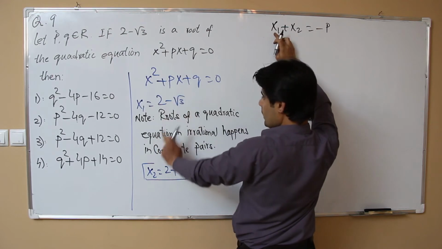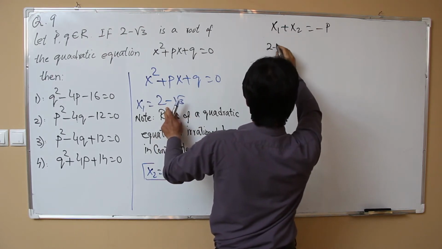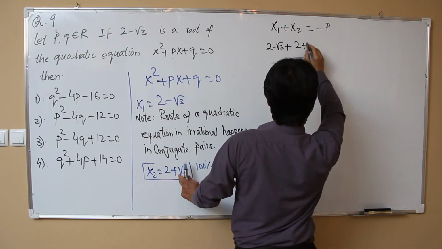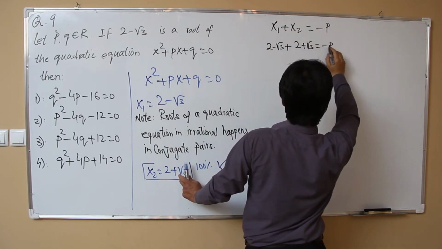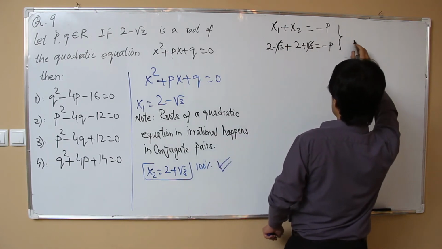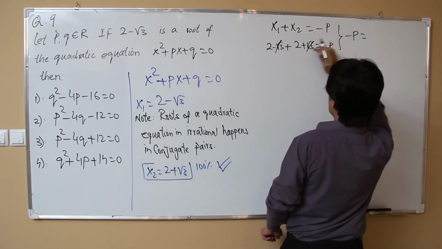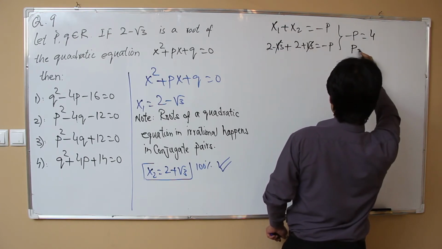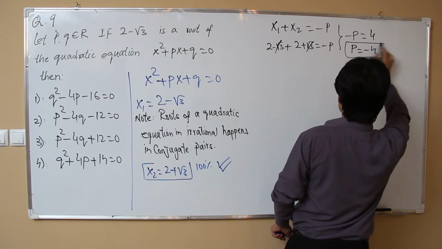Now we have x1, 2 minus root 3, plus x2, 2 plus root 3, so it's minus p. Now we can cancel this one. We will find minus p is 2 plus 2, it's 4. Divide both sides by minus, it's p equals minus 4.